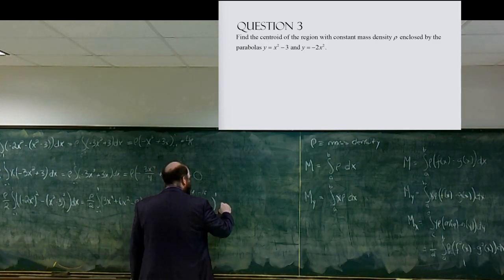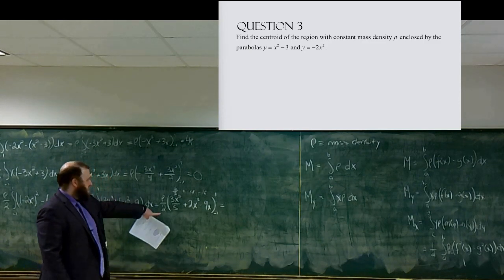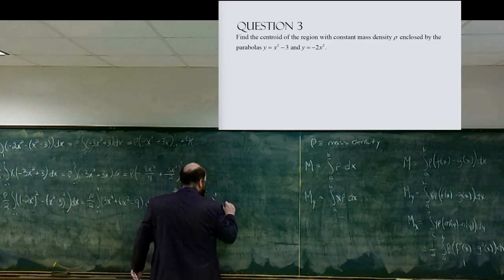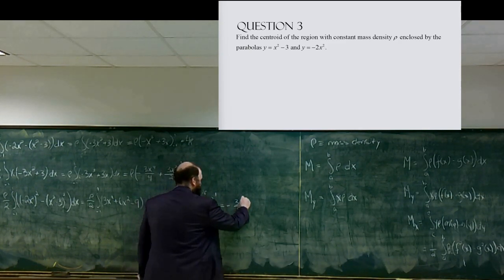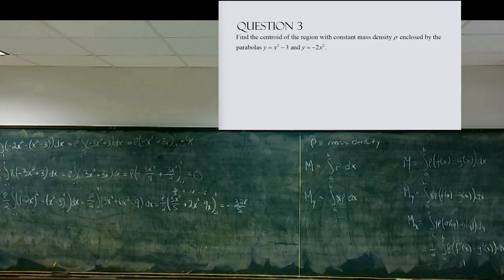Yeah, it'd be negative 64 fifths. And then times the rho over 2. Negative 32 rho over 5 is our x moment.